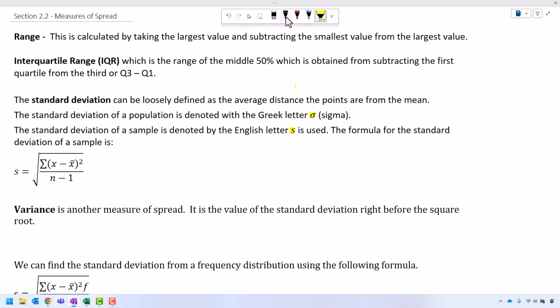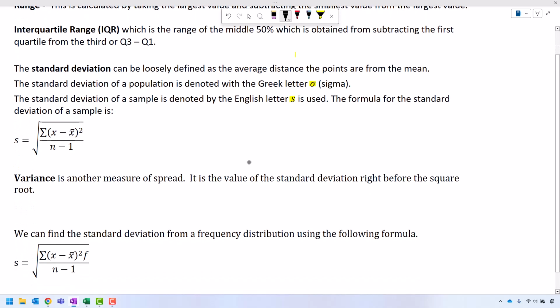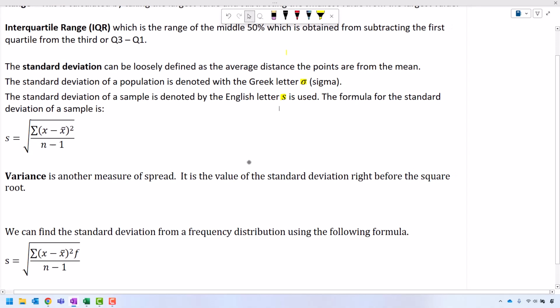There is a similar definition for the population standard deviation, and I'll try to write it here. So sigma, that's my best effort at a sigma here. And it's the sum of all the data points minus the mean.